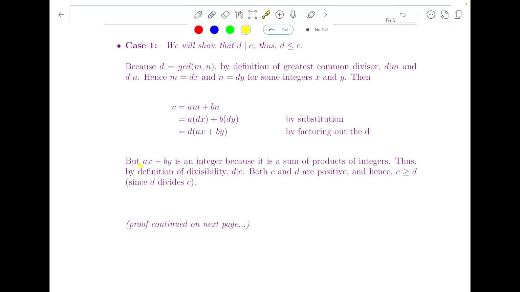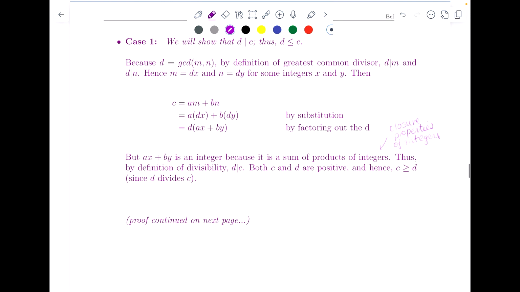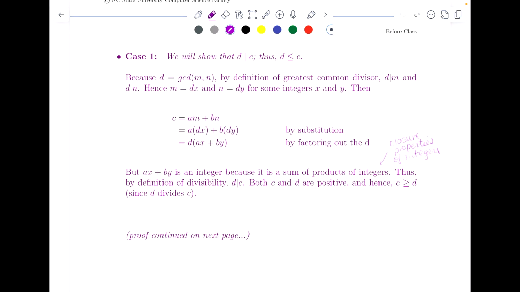I know that ax plus by is an integer because it is the sum of products of integers, and so this is based on the closure properties of integers. And so therefore, by the definition of divisibility, d divides c. And both c and d are positive, and therefore c is greater than or equal to d. And that's what we wanted to show here.